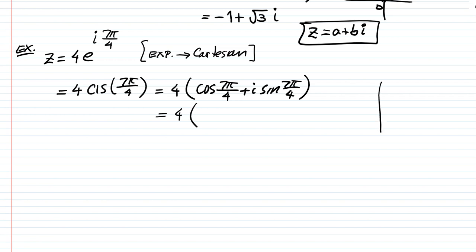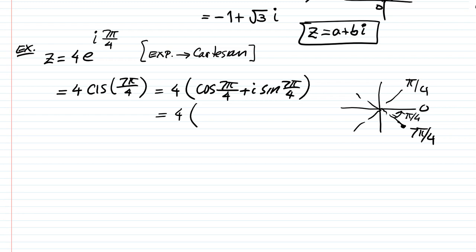Cosine of 7 pi over 4, well, let's see. Here's 1, 2, 3, 4, 5, 6, 7 pi over 4 is right here, right? That means 7 times pi over 4, so I counted 7 multiples of pi over 4. The reference angle is pi over 4.